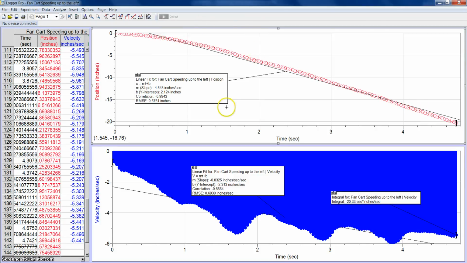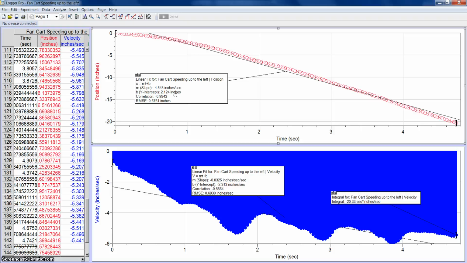For this, we just took the linear fit line, and we got this equation: position equals slope times our time plus our initial position, so we can find any position in this time interval. Our slope, or our average velocity, was negative 4.548 inches per second, which was expected since we are going in a negative direction.